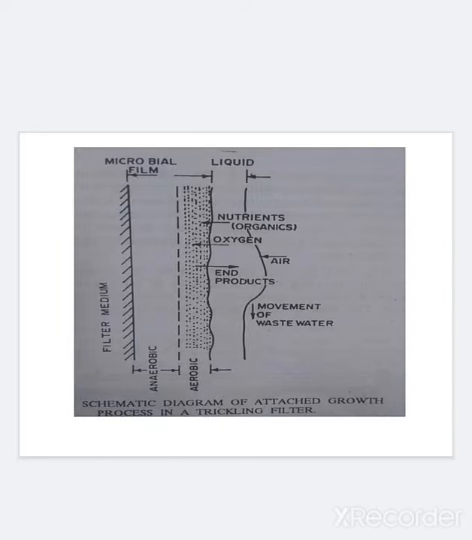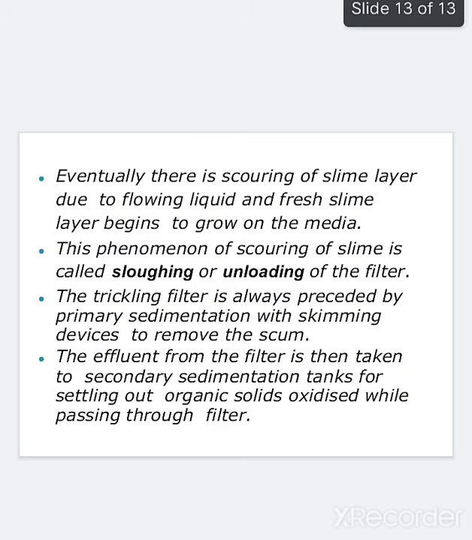Here we can see the schematic diagram of the attached growth process in a trickling filter. The microbial film can be done in two processes, aerobic and anaerobic, through the filter medium. Nutrition is supplied, oxygen is supplied, and we get the end products by the movement of wastewater.